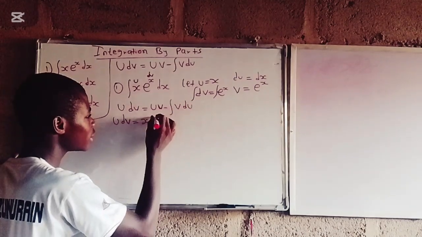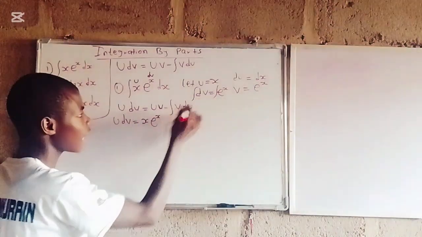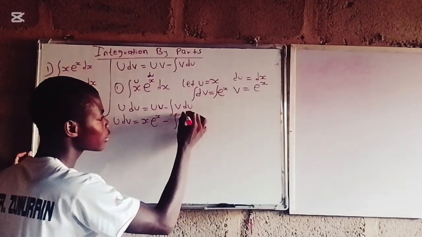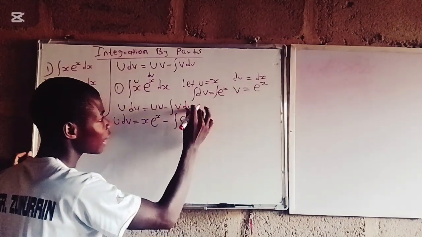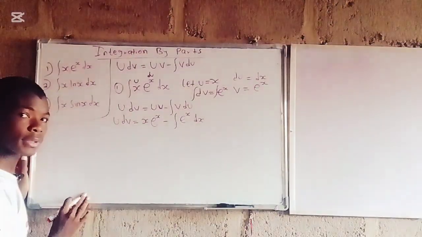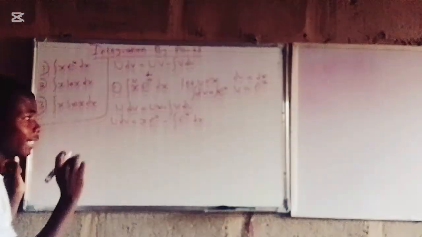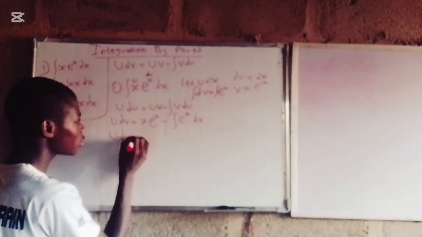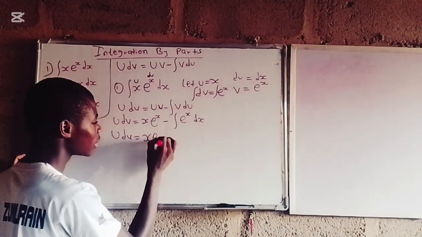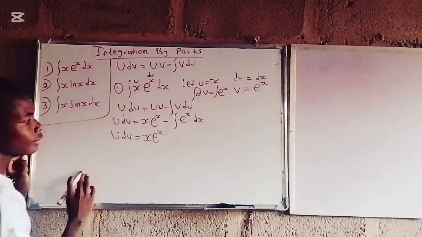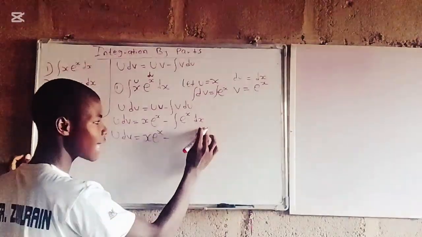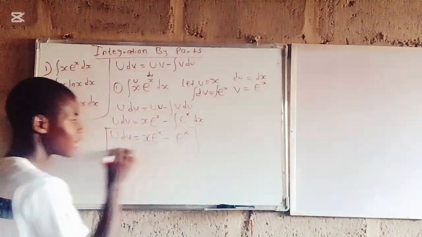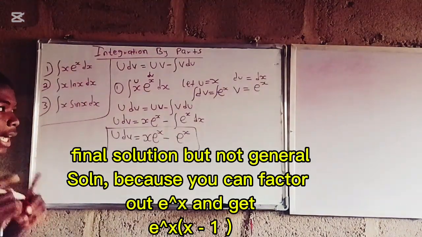The value of v is e to the x, and then I have to say minus integral of, what is the value of v? e to the x, times du, which is dx. I hope you get it. The next step is that integral of u dv is now equal to x e to the x minus integral of e to the x, which is the same thing as e to the x. So this is the final solution. I hope you get it.